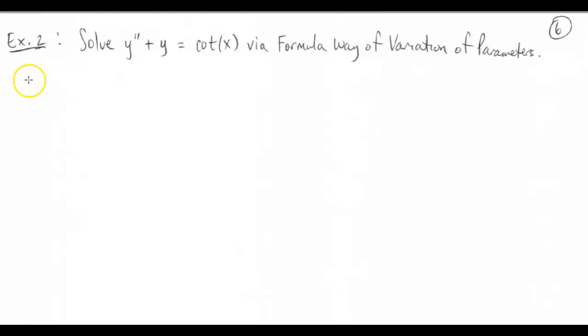Okay, and so I'll go ahead and just write it here. Actually, I could use it for the entire solution. But in this example, I'm going to use it for just a particular solution. And I'm going to do it that way since we're actually going to solve for our homogeneous solution first.